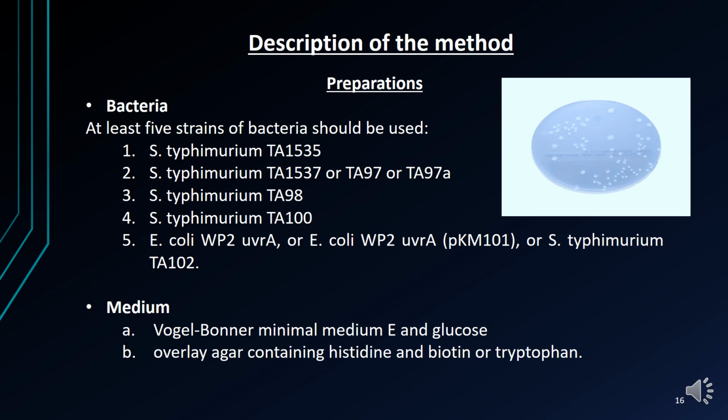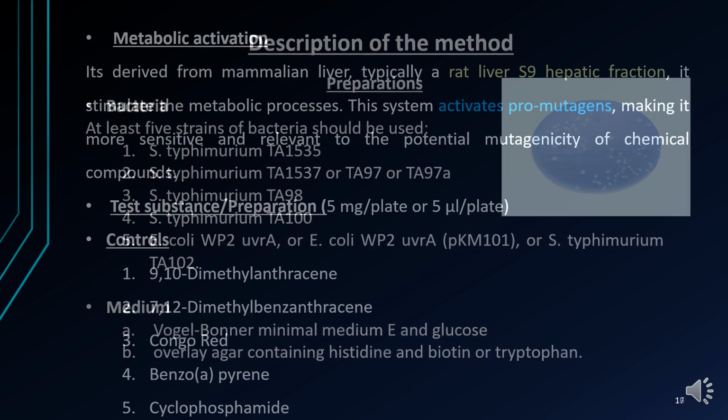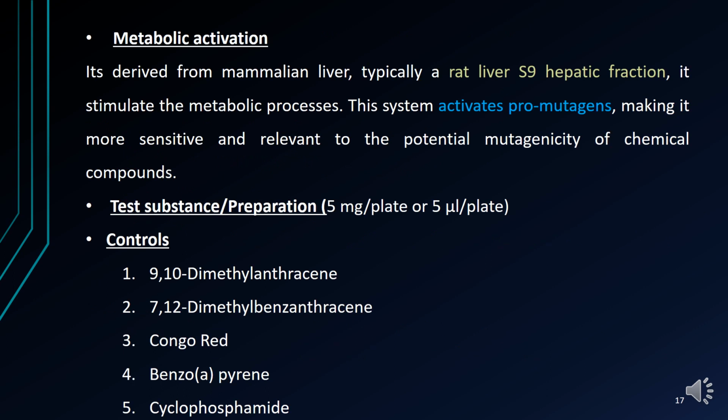The medium for the Ames test is the Vogel-Bonner minimal medium E and glucose. Then the overlay agar contains histidine, biotin or tryptophan. Here the metabolic activation system is derived from mammalian origin.